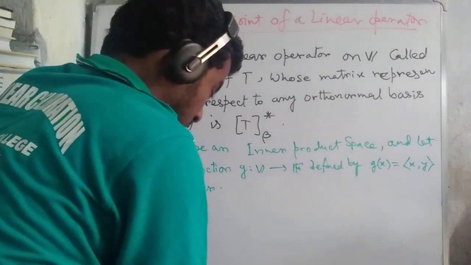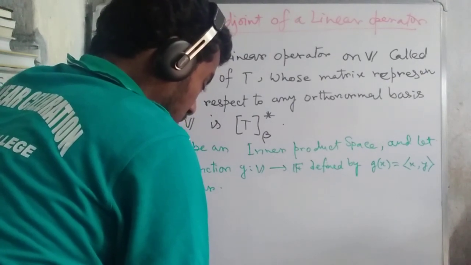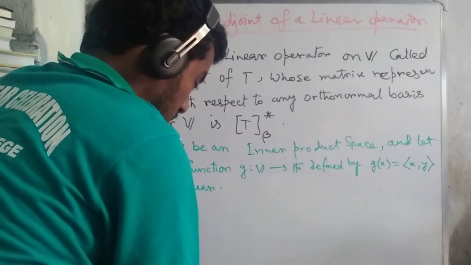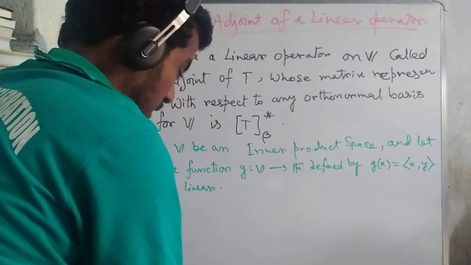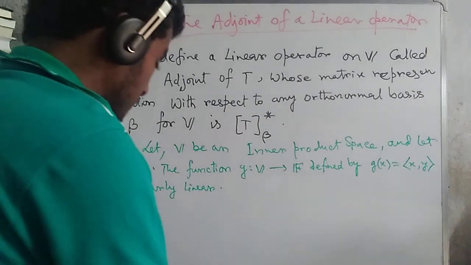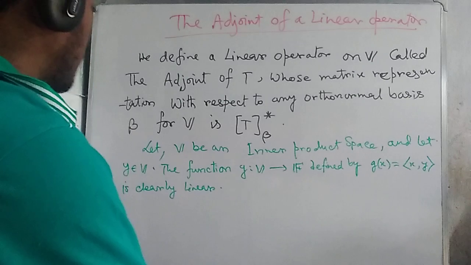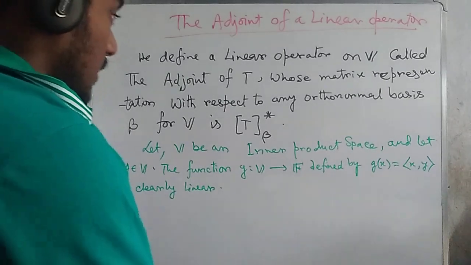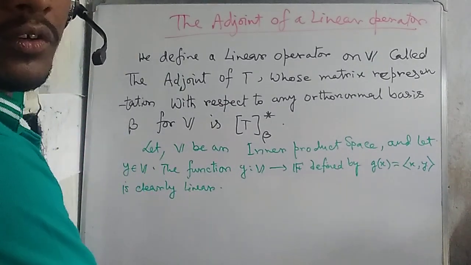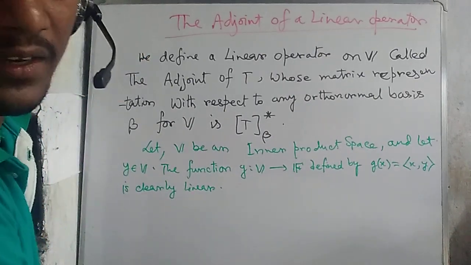Now every linear transformation from V to F, we define in this form. So we define one function here, g(x) equal to inner product of x, y, which is linear.